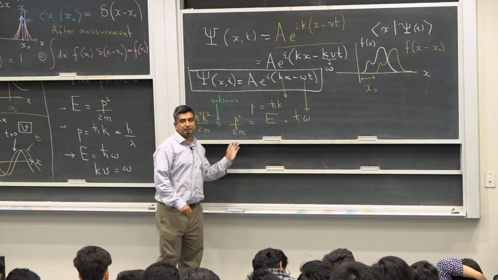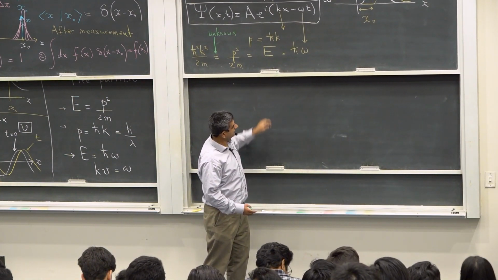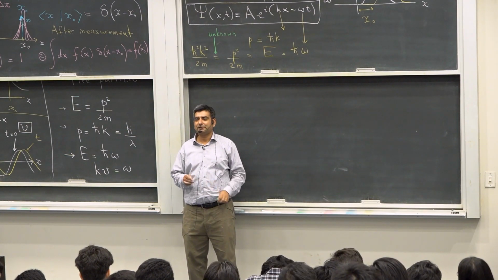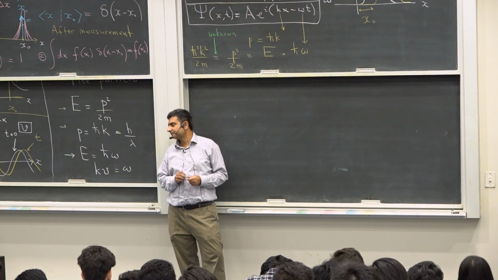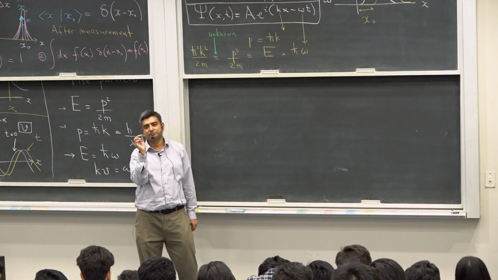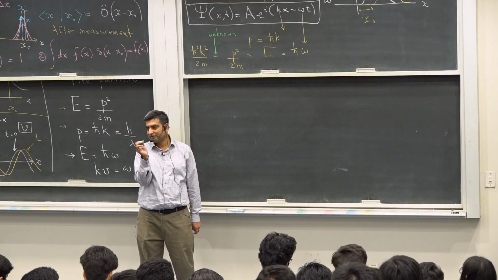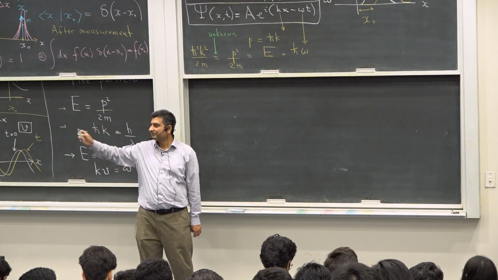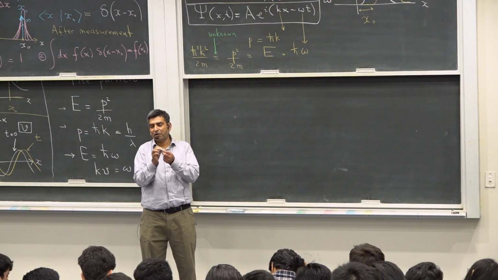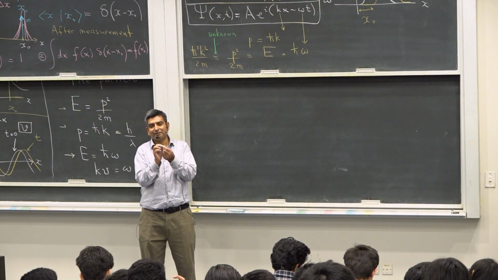Now let me come to another, more realistic wave function. Suppose now I come to more realistic scenarios. This is my object, an electron. In reality, an electron is emitted from somewhere and it doesn't exist everywhere. It's emitted somewhere, like a cathode ray tube or a hot metal produces electrons. It must start somewhere.